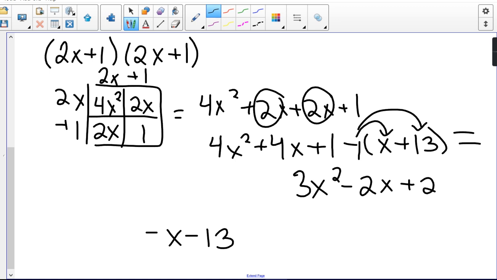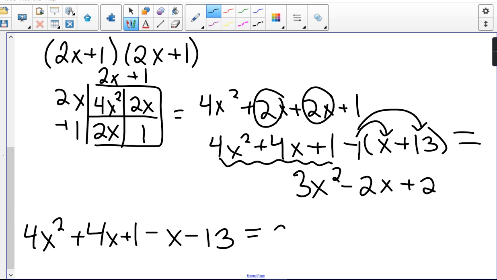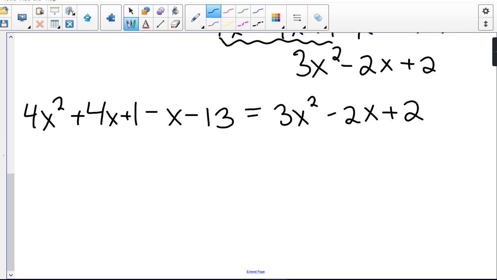Now I'm going to keep this whole beginning part of the equation, so 4x squared plus 4x plus 1 stays. The minus (x + 13) became minus x minus 13, and the other side of the equation remains 3x squared minus 2x plus 2. Now the left side of the equation is still not totally simplified. So what can we do to simplify? Well, we could combine like terms, and we'd like to write it in standard form.